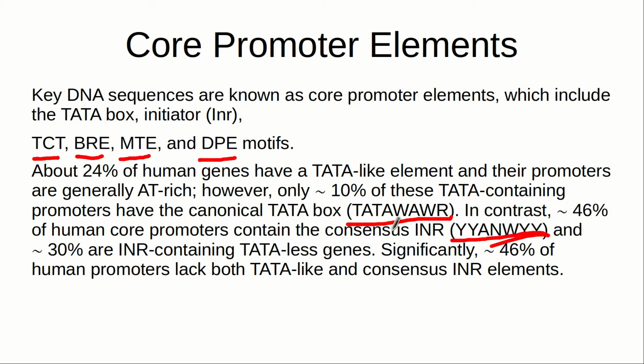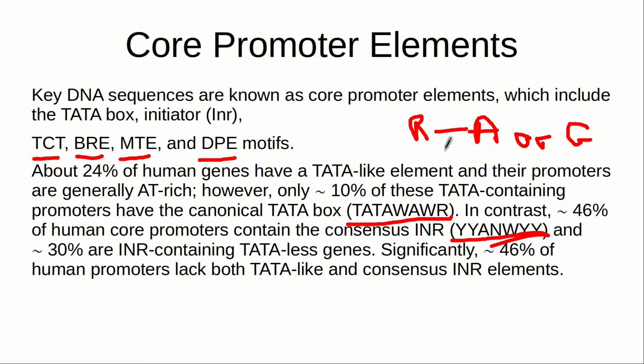Now here, this is in the notation where W and R, like R is purines. Oh, I've forgotten what W is. N can be any, of course, and Y is pyrimidines. So purines, AG, R, just to remind you, means it can be an A or a G. And I put this on the announcements just to remind you.